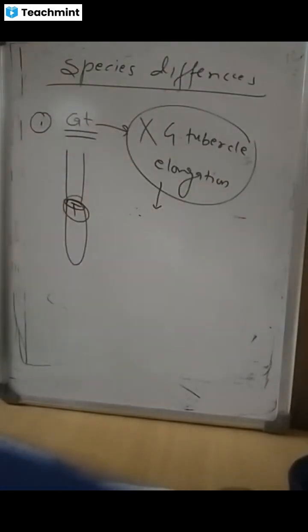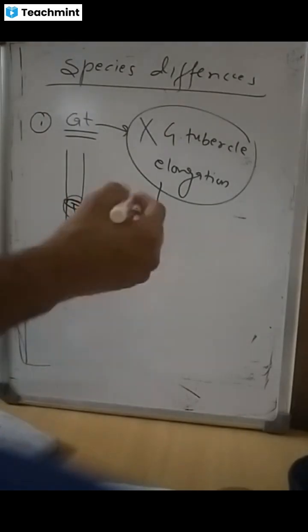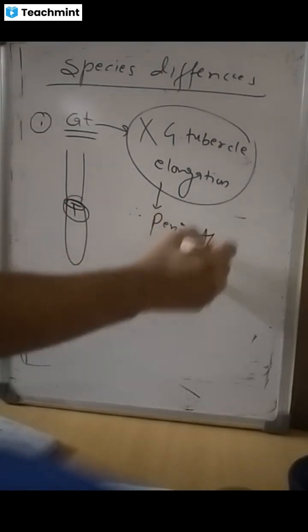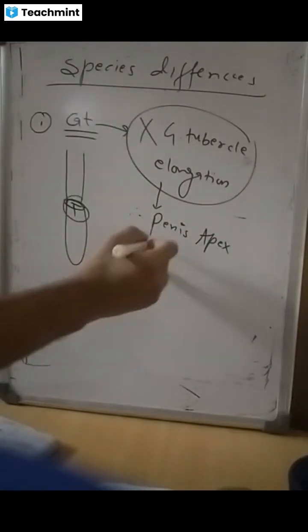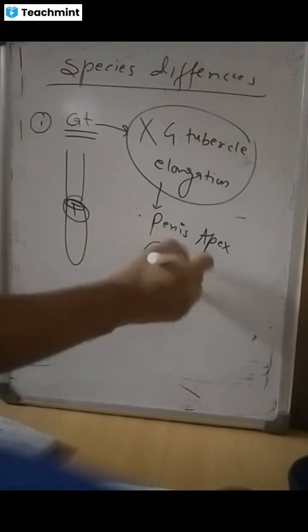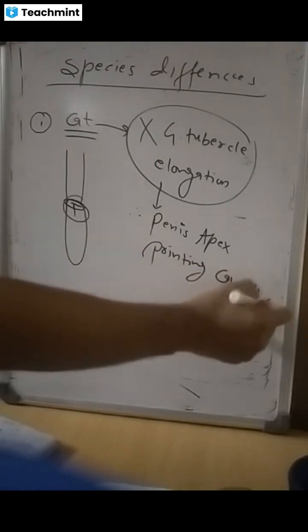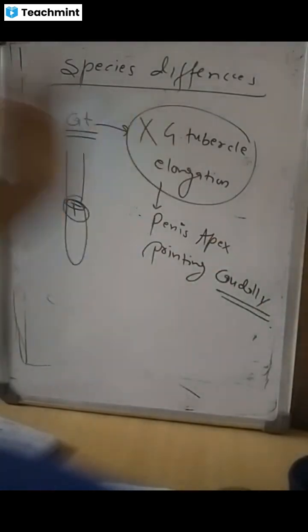Therefore, because of this, the penis apex will point caudally, because there is no tubercle elongation.